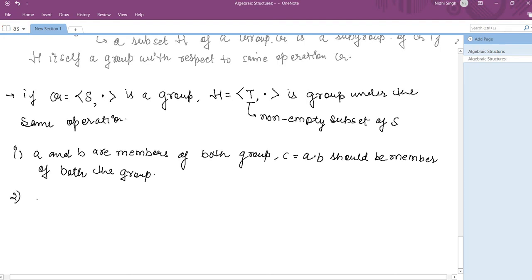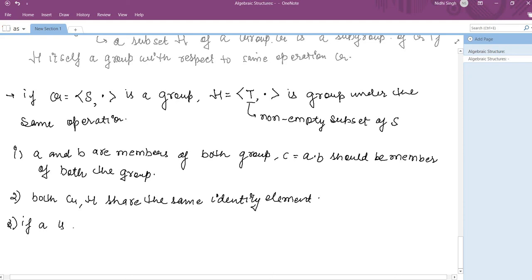Also, both groups G and H share the same identity element, meaning the identity element must be the same. Then if A is a member of both the groups, then the inverse of A is also a member of both groups.